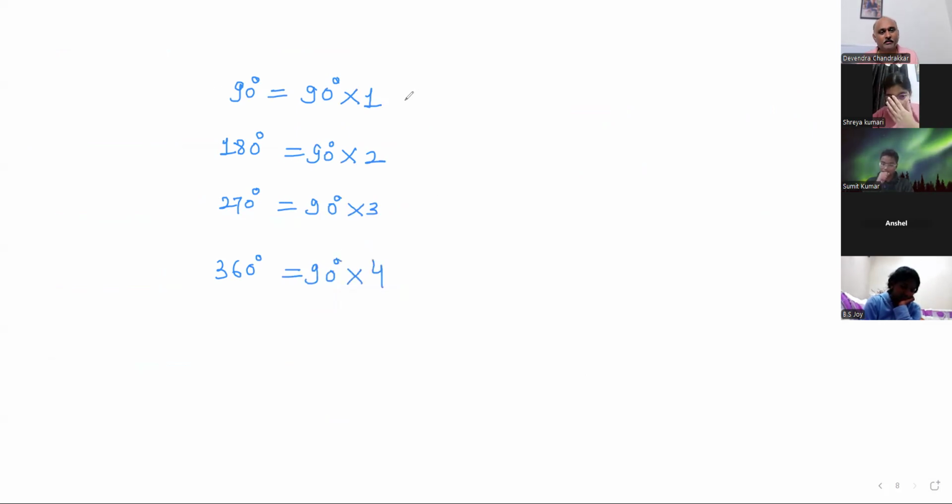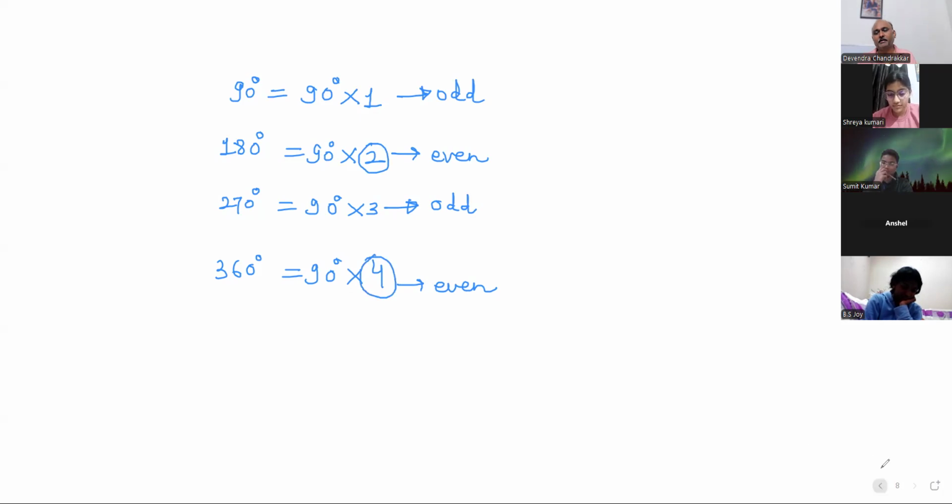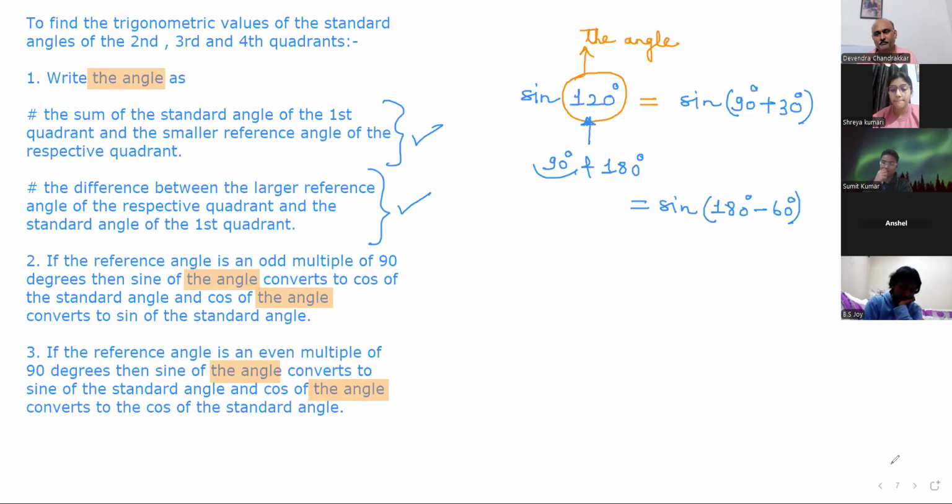So these two are odd multiples of 90. Yes or no? Yes. And these two are even multiples of 90. Right? Clear? ये इवन मल्टीपल्स और ये ऑड मल्टीपल्स ऑफ 90. क्लियर है सब कोई हाँ या ना? फटाफट. यस और नो?